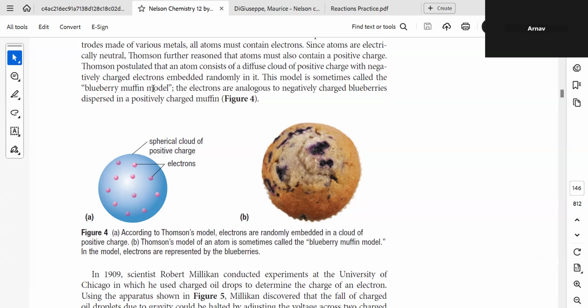So he said that probably an atom is like a blueberry muffin, where the blueberries are the electrons and the sponge or the cake is the positively charged particles. This was the structure of the atom that he proposed. Make sense?